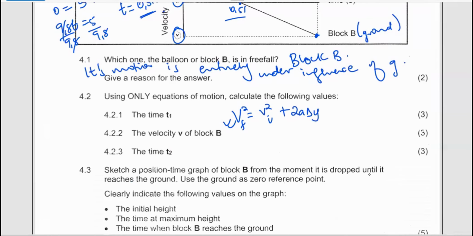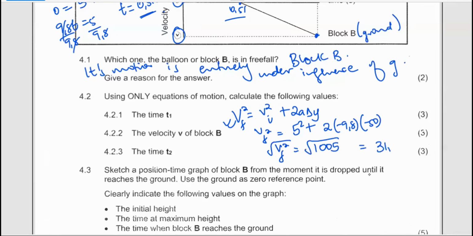VF squared is equal to 5 squared plus 2 multiplied by negative 9,8, and the displacement is negative 50. So VF squared gives me 1005. When I find the square root of that, I end up with 31,7 meters per second. So V is 31,7 meters per second.